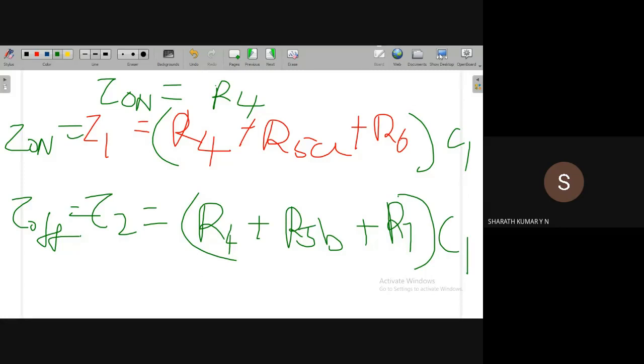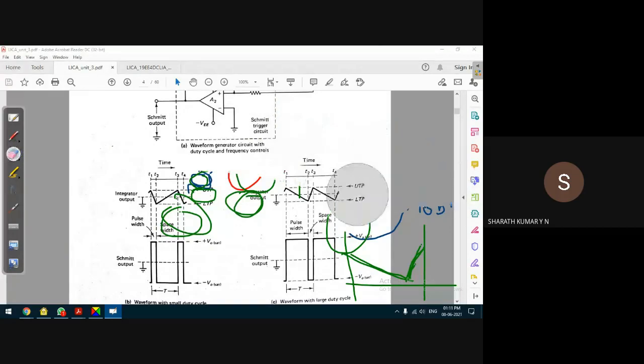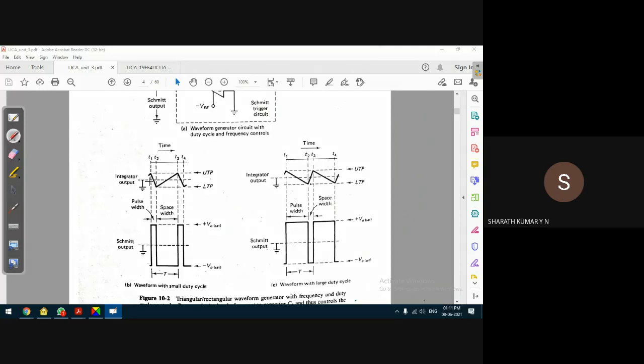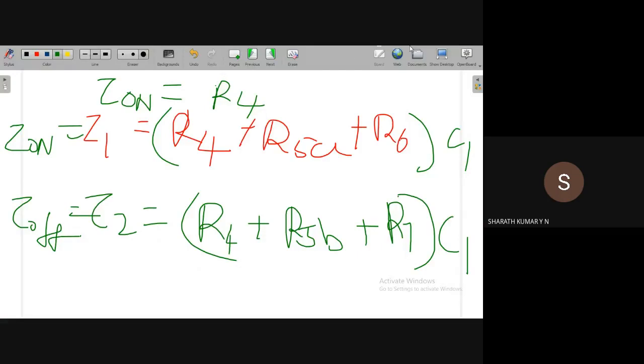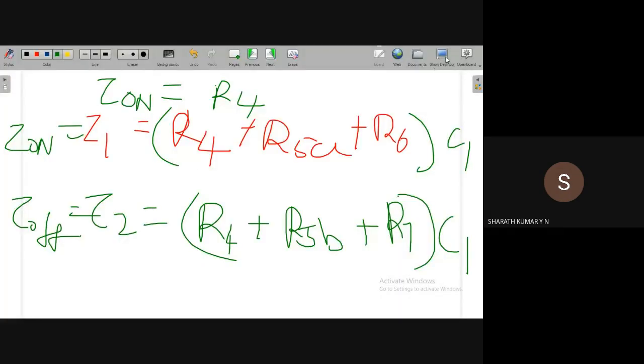Fine. Let us look at this in terms of the waveform. Observe this, the waveform is given. Of course, this waveform is somewhat different from what I wrote earlier, but basically this is how it is.